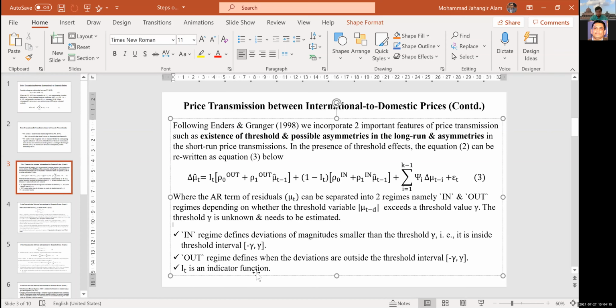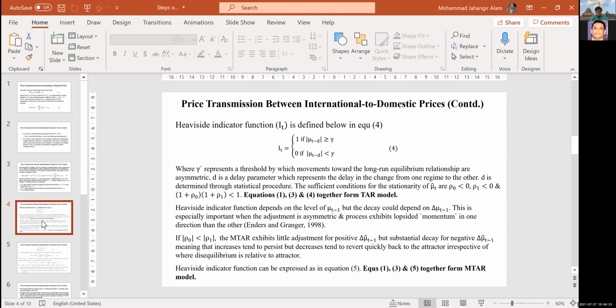And then IT is an indicator function. And how is the indicator function defined? In the indicator function you will understand the in and out variable. So this is the indicator function defined here in this equation, IT. When the absolute value of mu t minus d is bigger than or equal to gamma, that's the threshold, we consider it 1. This is the binary variable, the dummy, we create in the data set.